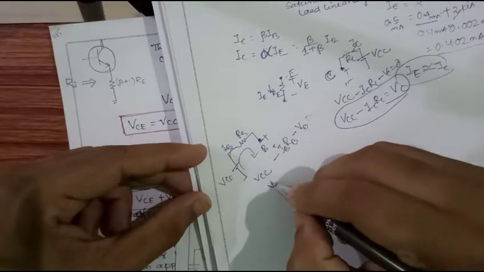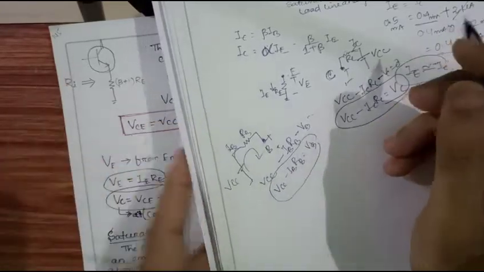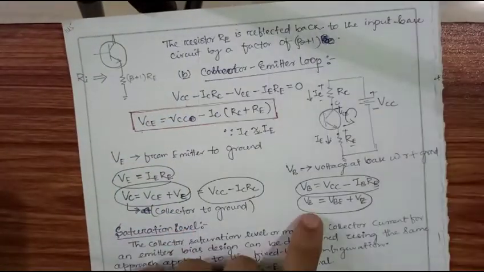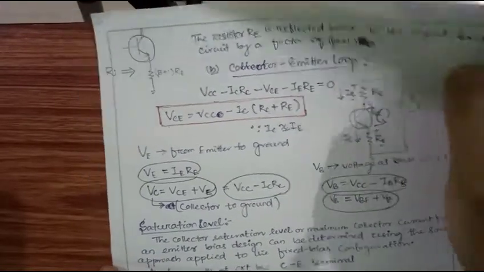So VCC minus IBRB is equal to my VB. Okay, so similarly we found the value of VB, and since we know VE and VB, we can find VBE also if you need.